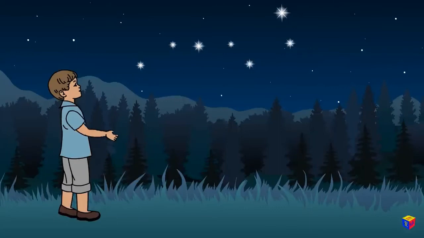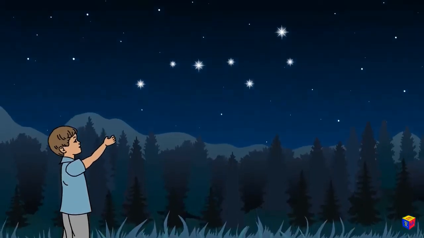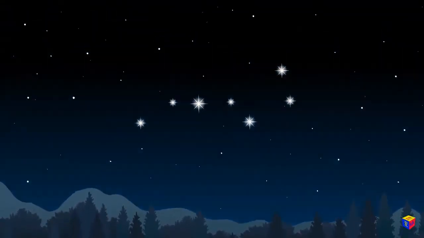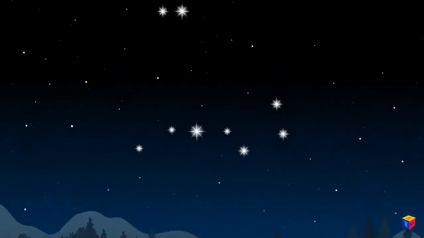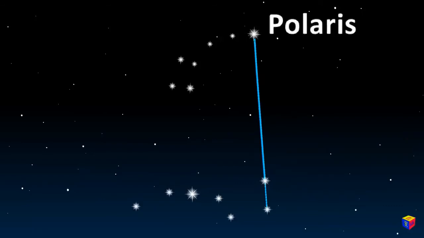Let's locate the North Star in some constellations. The Big Dipper is a part of the constellation of Great Bear. Usually you can easily find it in the sky. If you connect the two extreme stars of the Big Dipper and then continue this line up to a bright star, you will find the Polaris.